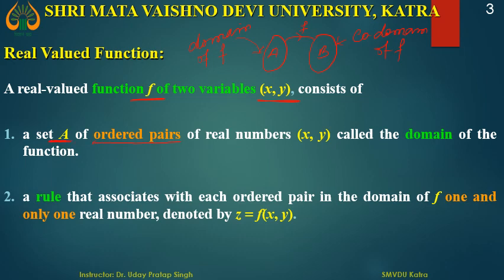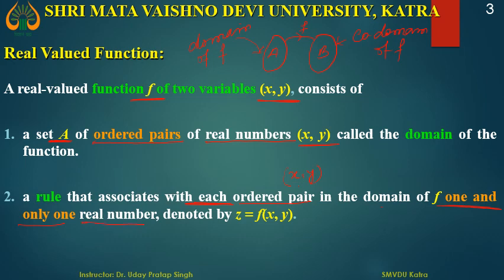It is the set of ordered pairs of real numbers, and an ordered pair of the type x, y is called domain of the function, and a rule which associates each and every ordered pair x, y in the domain of f with one and only one real number.